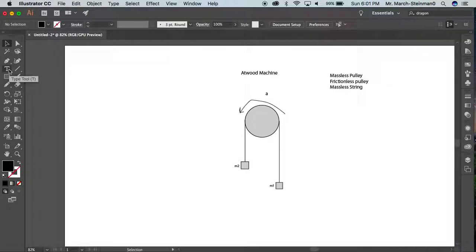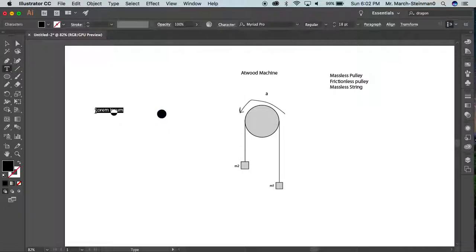Now, the first thing that we should do when considering a problem like this is we should make a free body diagram for each mass. So make one for mass 1 and one for mass 2. Great.